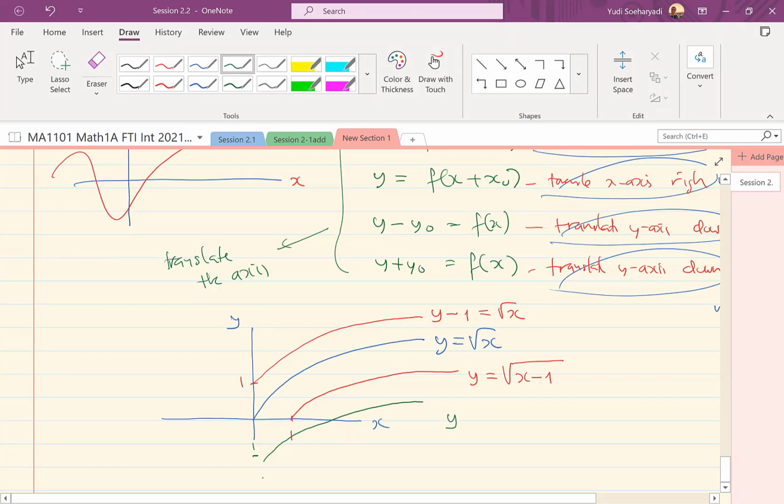The graph moves down because the axis moves up. Plus. Okay. And finally we have this one. So here the graph moves to the left because the axis is moved to the right. Okay. So y equals that. Okay. So that's how you get the translations.